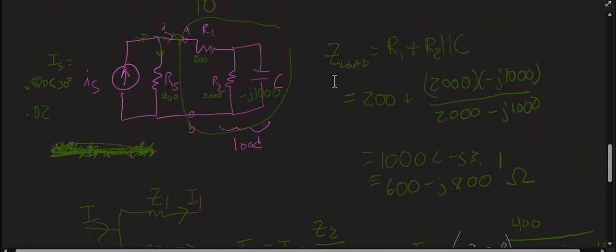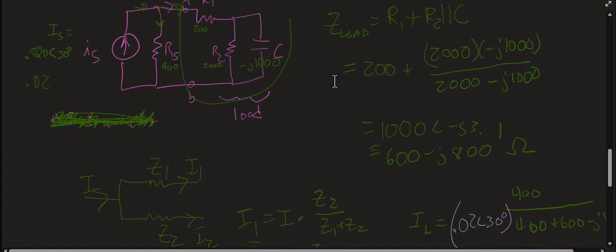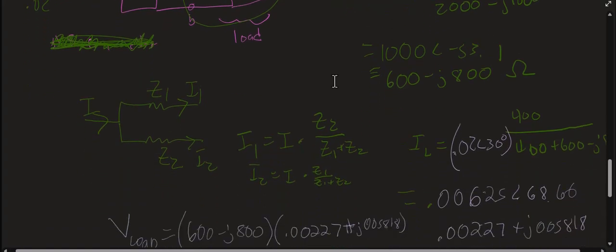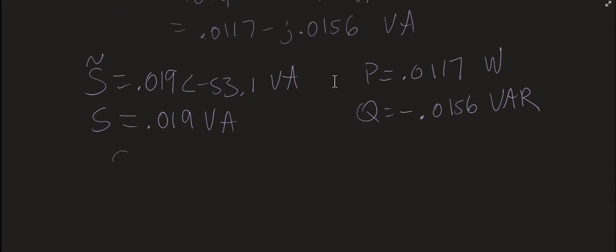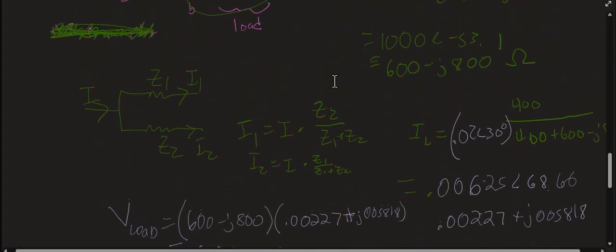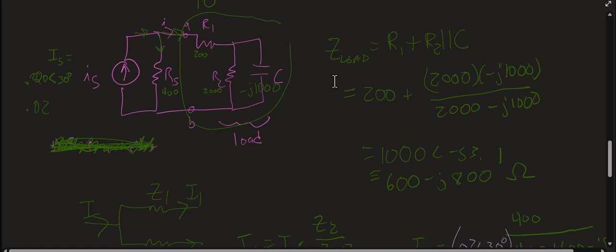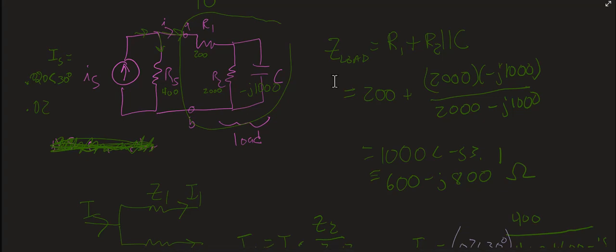But if I wanted to, it's actually very easy at this point to say what the power for the capacitor is, because if you look at what the load is made of: resistors and capacitors. And how many capacitors? Just one.